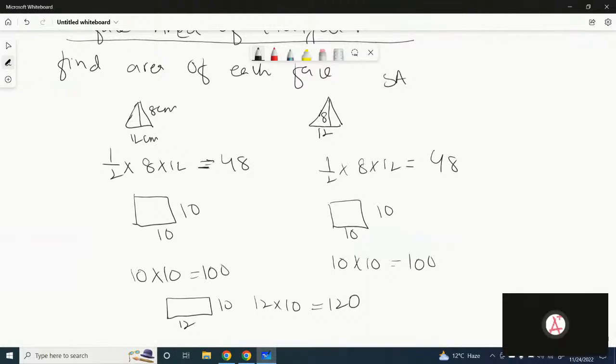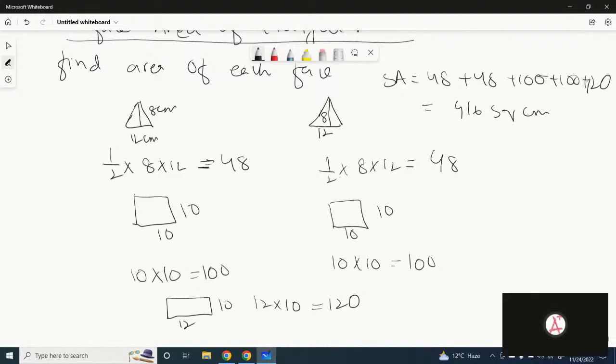To find the surface area, add up the areas of all the faces. 48 plus 48 plus 100 plus 100 plus 120. 200, plus 120 is 320, and 320 plus 96 is 416 square centimeter.